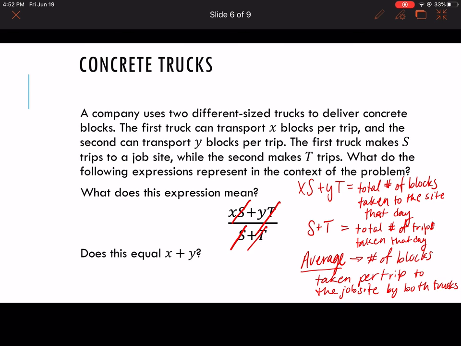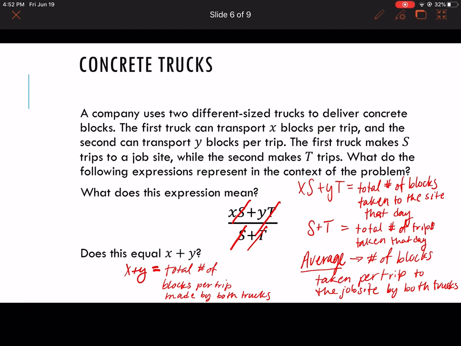And X plus Y, if you recall, was equal to the total number of blocks per trip made by both trucks. Those clearly aren't the same thing.